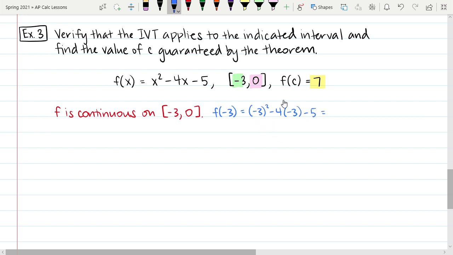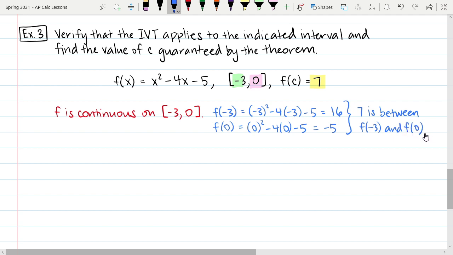That's 9 plus 12, so that's 21, minus 5, which gives us 16. f of 0 is just 0 squared minus 4 times 0 minus 5, and that's just going to be -5. And it's very clear then that 7 is definitely between f of -3 and f of 0.